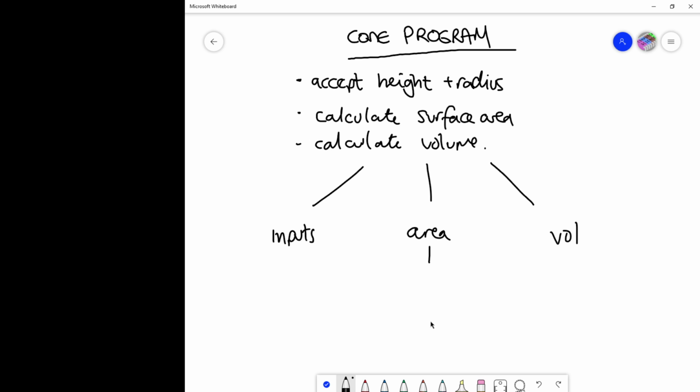Pi r times brackets r plus the square root of h squared plus r squared. Yeah, I'm pretty sure. Does that look reasonable?